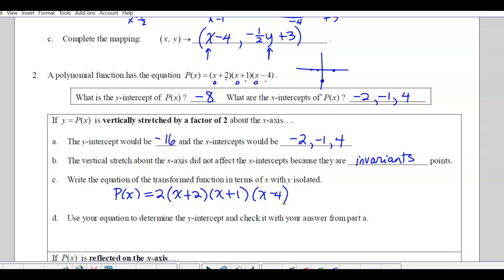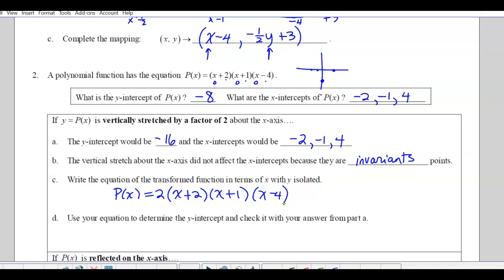If you're stretching by a factor of 2, you're multiplying your original function by 2. Okay? Vertical stretch. We'll do horizontal stretches as well, but that's going to affect the axis. Okay, and remember, we already said the x-intercepts won't change. So that's the equation of the transformed function of x with y isolated. We're just going to leave it in factored form.